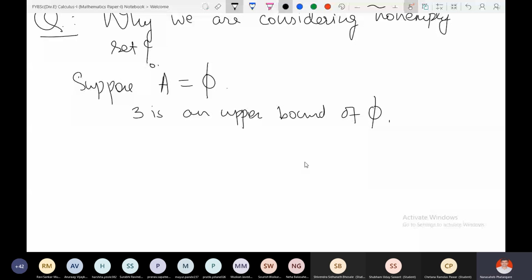Is this statement true? Is this statement true or false? Yes, true. Or false, because there is no element in A.